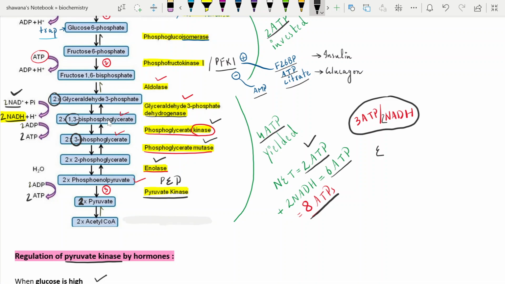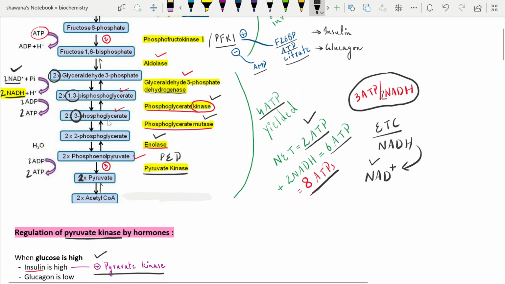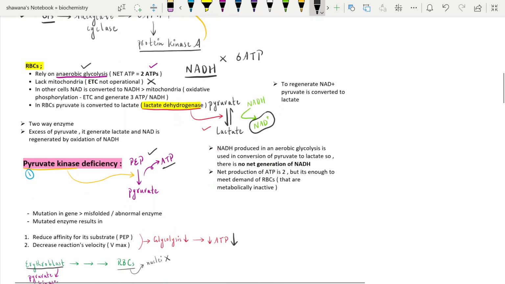In the electron transport chain, when the NADH is processed, it will convert back into NAD positive. It means in aerobic cells we regenerate NAD from the electron transport chain. But in anaerobic cells where there is no electron transport chain, how are we going to regenerate NAD positive?